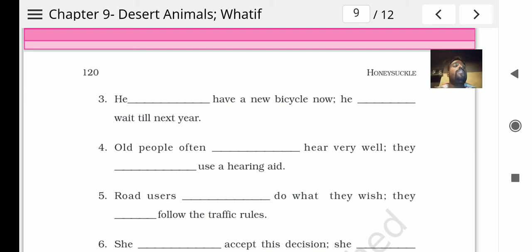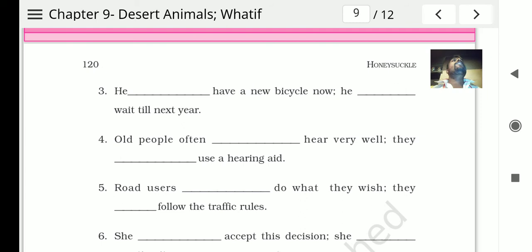Has to. Okay. Before the third person singular pronouns, you have to use has to. After the first person pronoun, you have to use have to.